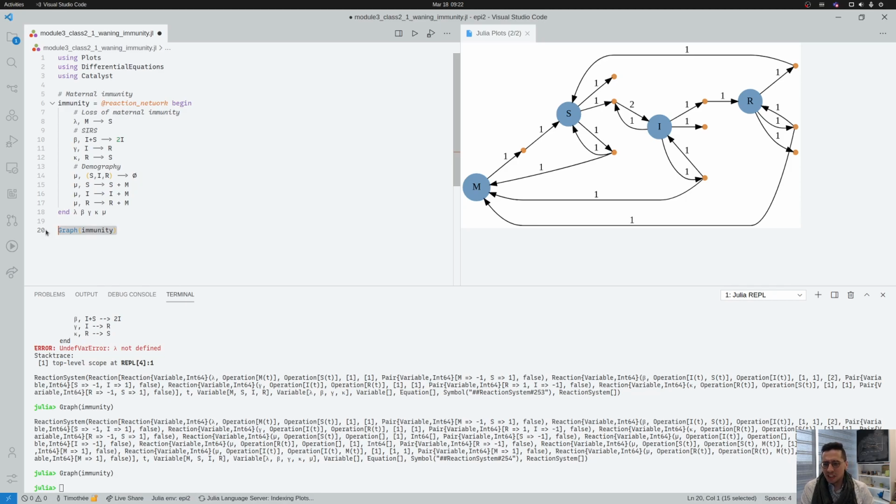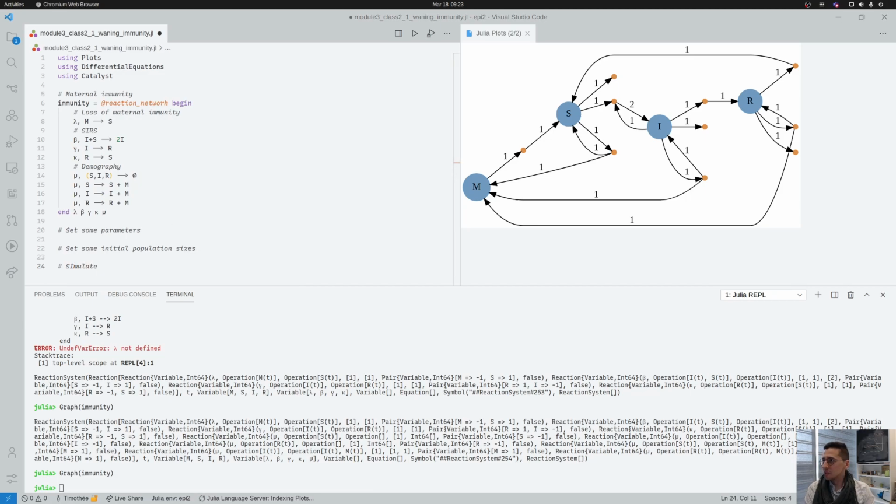What can we do with that? The first thing we need to do is set some parameters, set some initial population size, and then simulate.